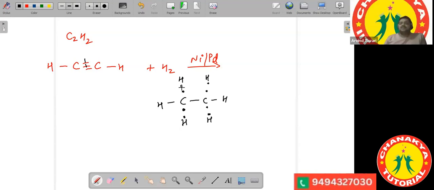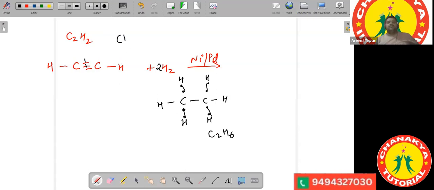Just balance the reaction. If you add 2H2 here, the reaction will be balanced. So now you will have the formation of C2H6. Okay, so this is also a hydrogenation reaction.